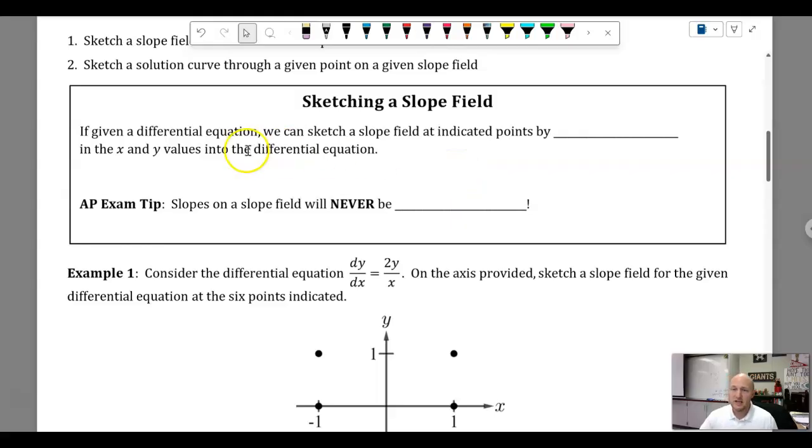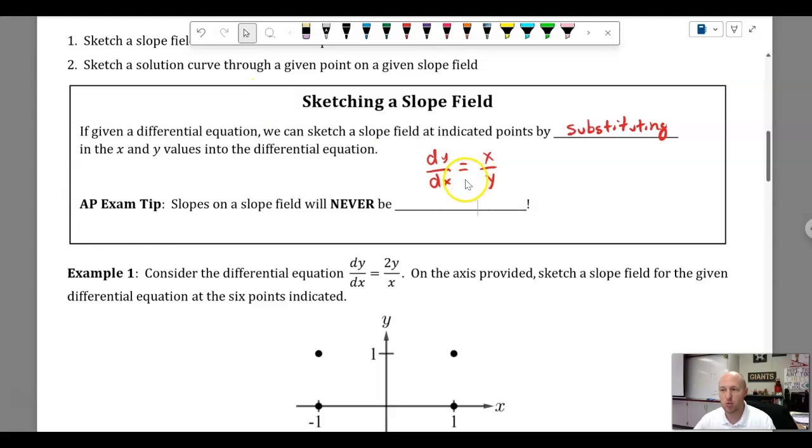Sketching a slope field. If given a differential equation, we can sketch a slope field at the indicated points by substituting the x and y values into the given differential equation. An example of this would be: let's say dy over dx is equal to x over y.